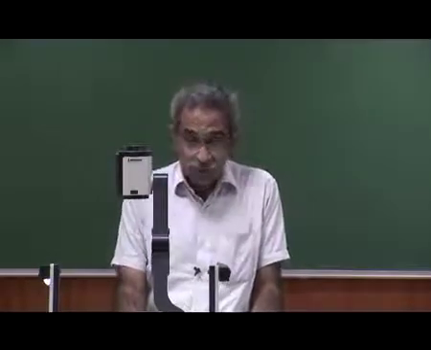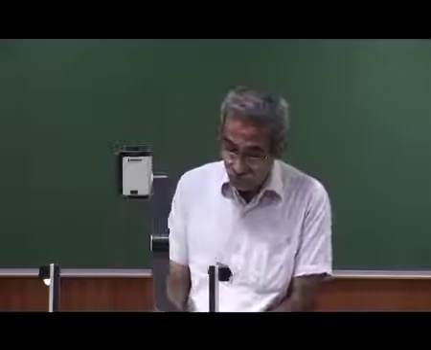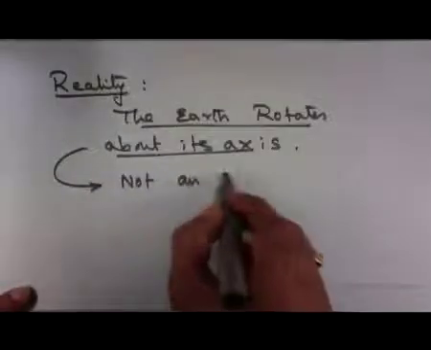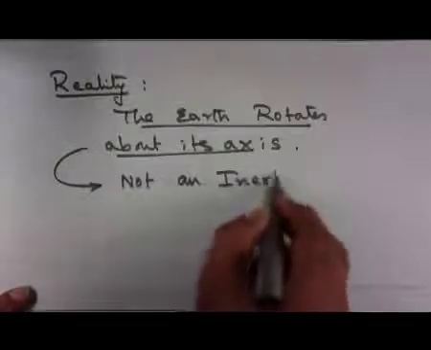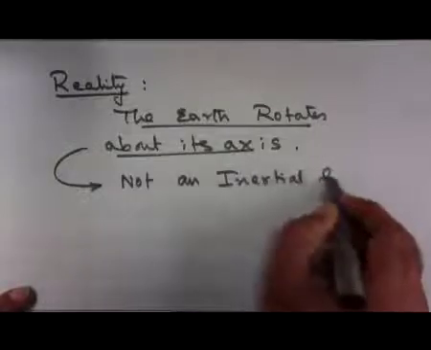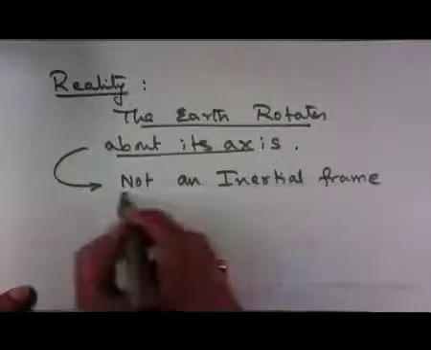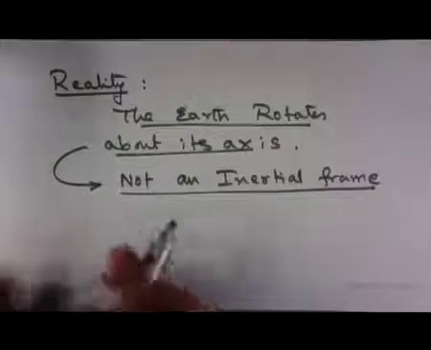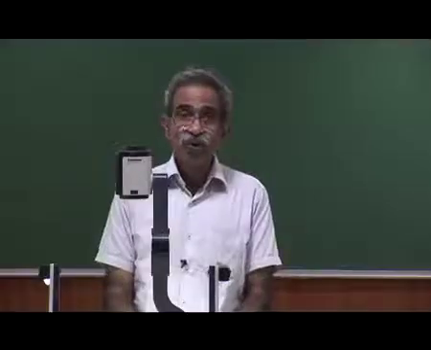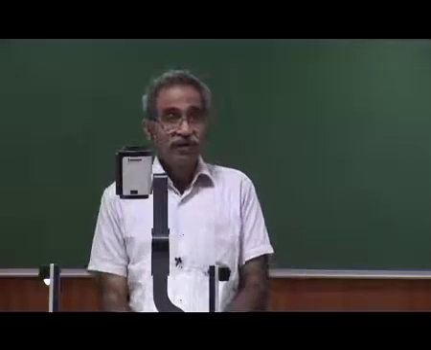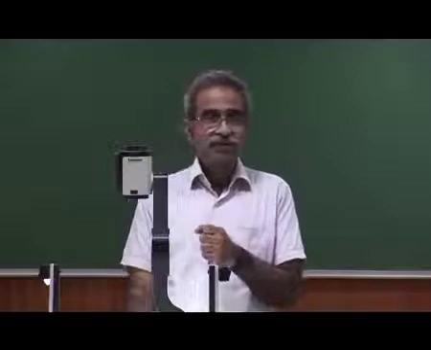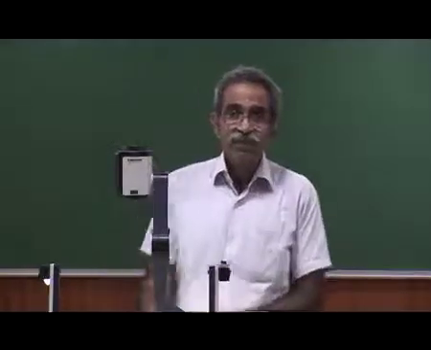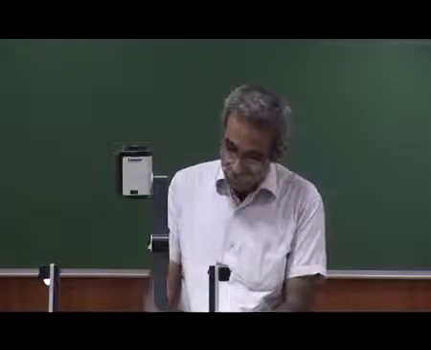Now the earth is rotating about its axis, therefore earth is not an inertial frame. Earth is not an inertial frame because if there is an observer who looks at us, since we are bound to the earth, we are moving together with the earth with the same angular velocity.